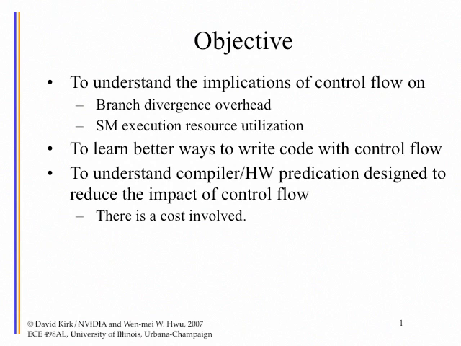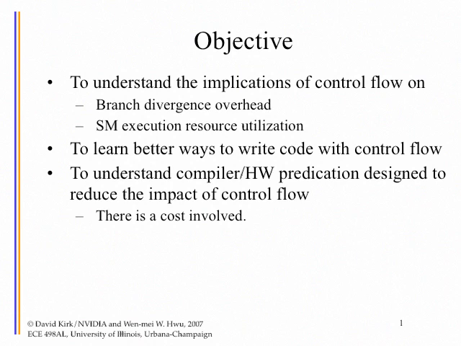So, I want to make sure that you really have a good understanding of these two related but somewhat separate concepts. And then, obviously, knowing these things is just not good enough until you can write better code. So that's the real purpose.